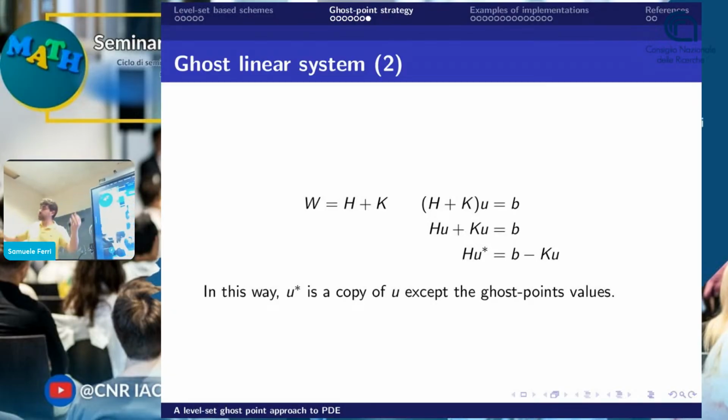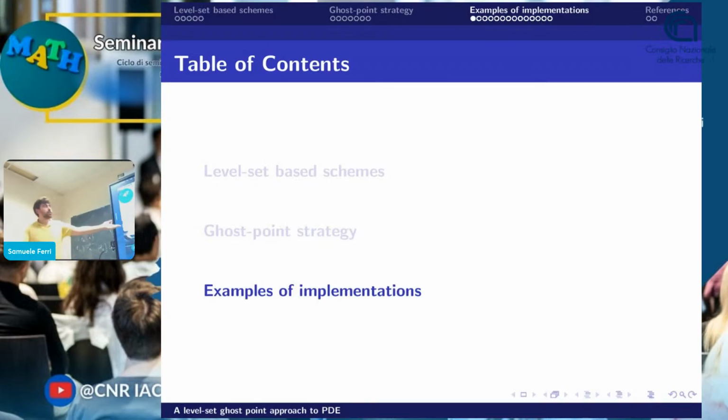But it's just a virtual point. We don't say that the solution at the ghost point is this. This is just a virtual value to be used in the computations, and to better manage the geometry of the boundary. So let's go to the last part, which is a couple of example implementations.